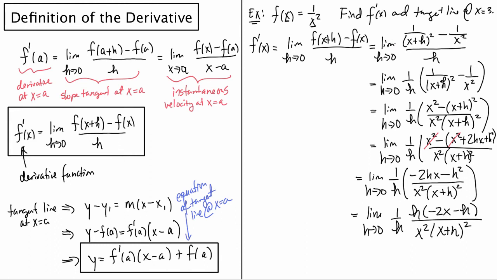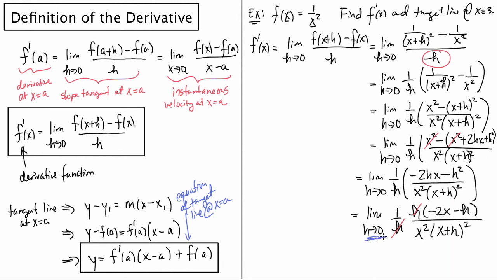If we tried to evaluate this limit directly, the problem all along was this pesky h in the bottom that was going to give us a 0 in the denominator. We've pulled that 1 over h out and managed to get a factor of h to appear on the top, so that now the thing we can do is cancel the h's. And by canceling the h's, we should try to reevaluate the limit now to see if things are better.